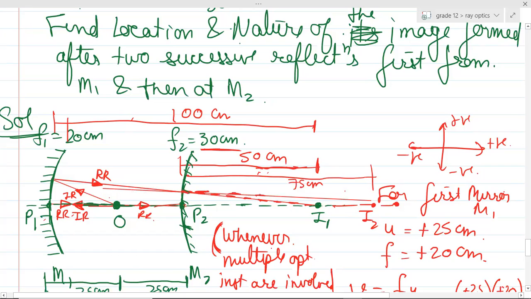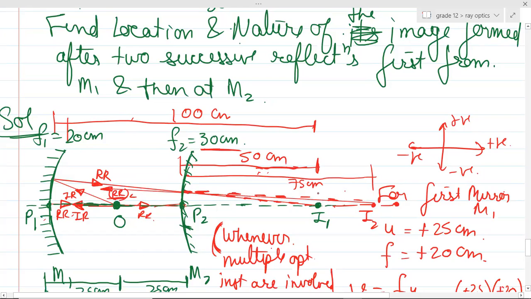Now you understood what exactly I meant. So this is the reflected ray from the second mirror.